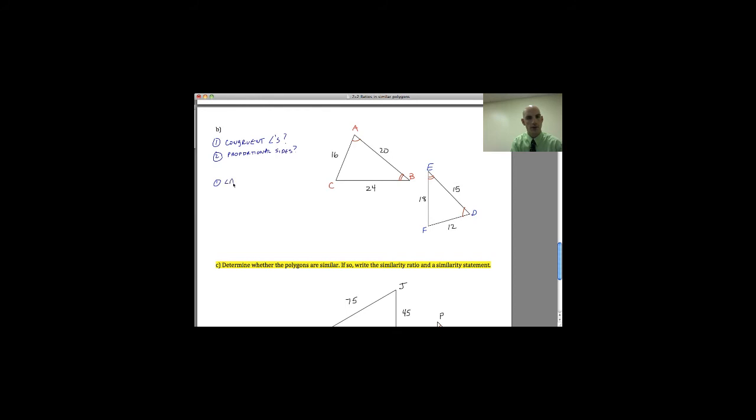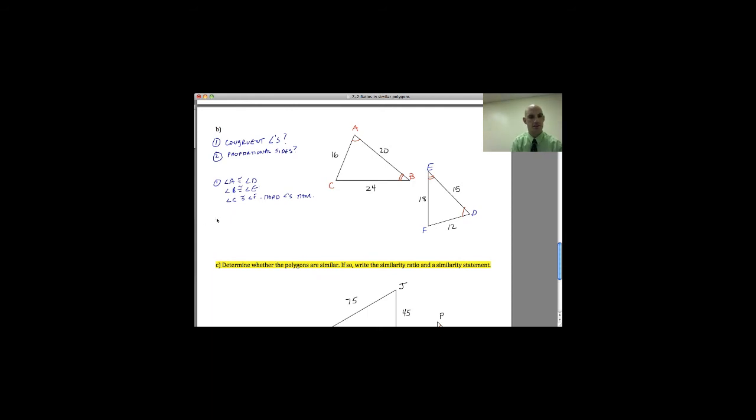Angle A is congruent to angle D, and angle B is congruent to angle E. And so that means that angle C must be congruent to angle F by the third angles theorem. So we have 3 congruent angles.